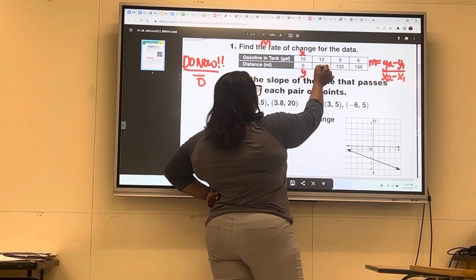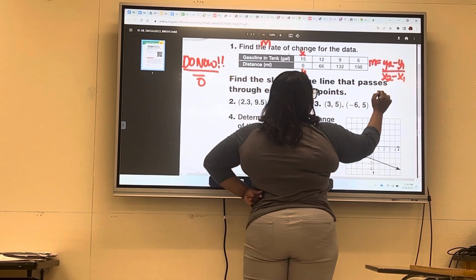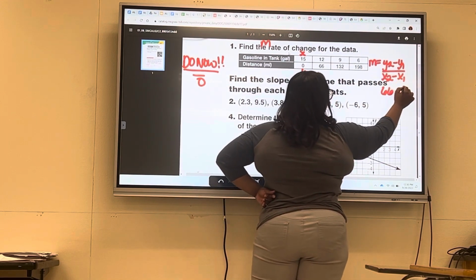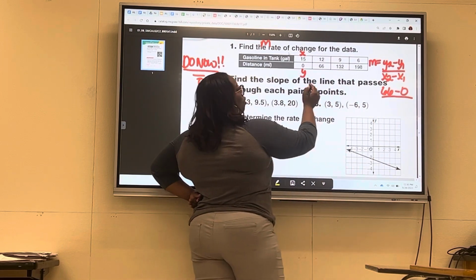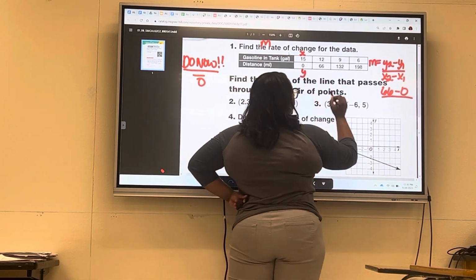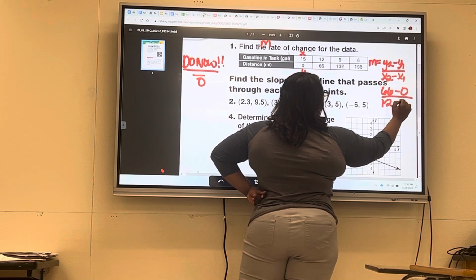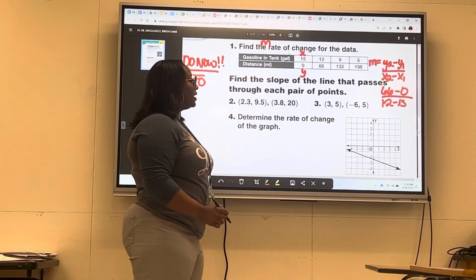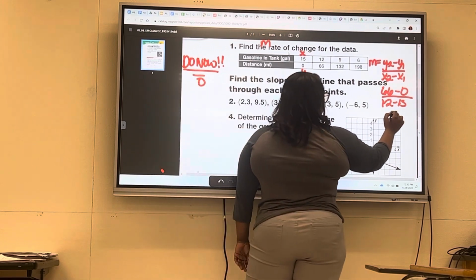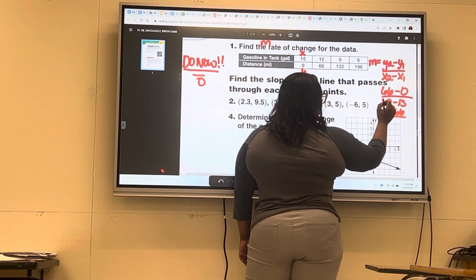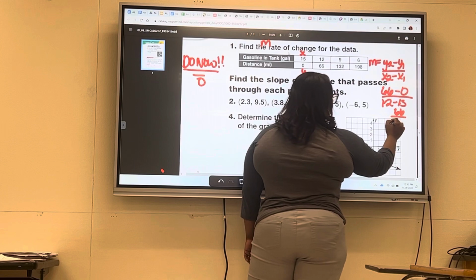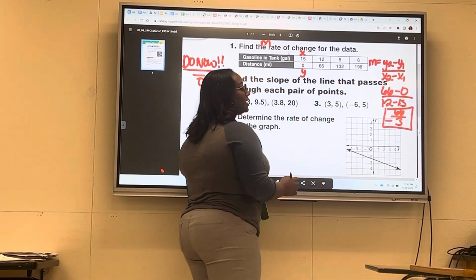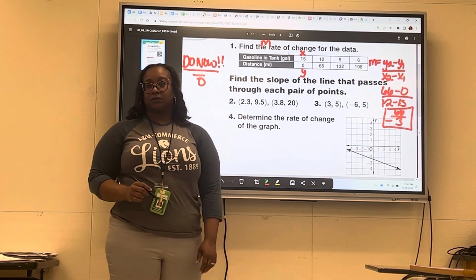So Y2, my second Y value, is 66, take away Y1, which is 0, over 12 take away 15. 66 take away nothing gives me 66. Divided by 12 take away 15, which gives me -3. That's not the answer because I need to simplify it.